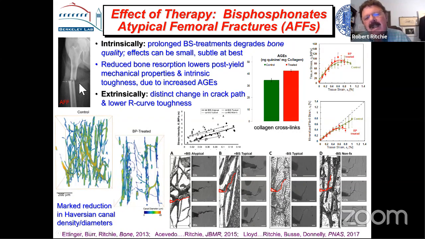Now, why a certain portion of the population who take these particular drugs are susceptible to this phenomenon, no one seems to know at this point. But again, we've shown, as others have shown, that there is an intrinsic effect. There's an increase in cross-linking when you take the bisphosphonates, but we don't quite know why there's a suppression of crack deflection in people who are susceptible.